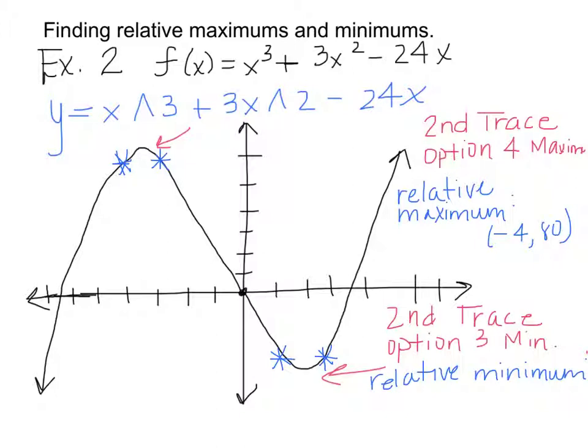Just move your cursor, left bound, right bound, and then do guess. And then you should have gotten, on the bottom of your screen, x equals 2.00000 and y equals negative 28. So it'll be 2, negative 28. So that would be your relative minimum.